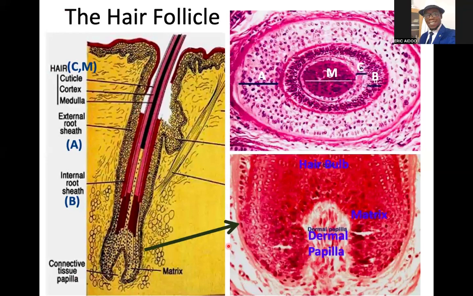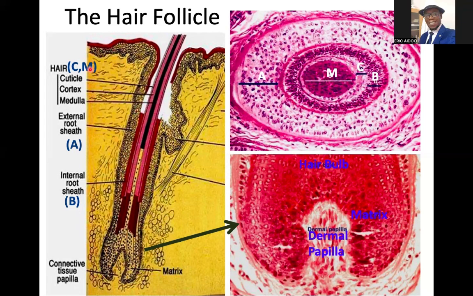Now we want to look at the layers of the hair of the skin. So we want to look at this and then take the cross section here and then correspond them to this image. So we go by the letters A, B, C, and M, not D. I made it M because it goes with the name medulla.